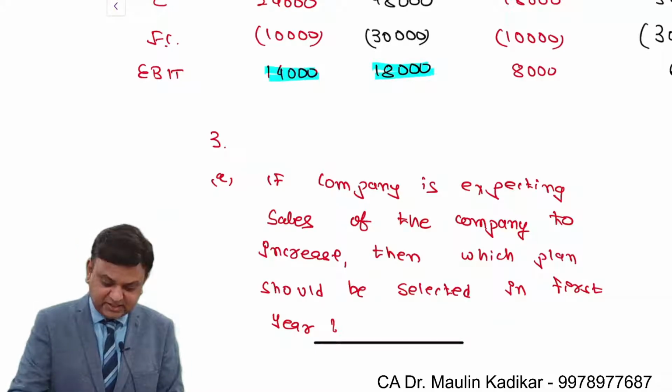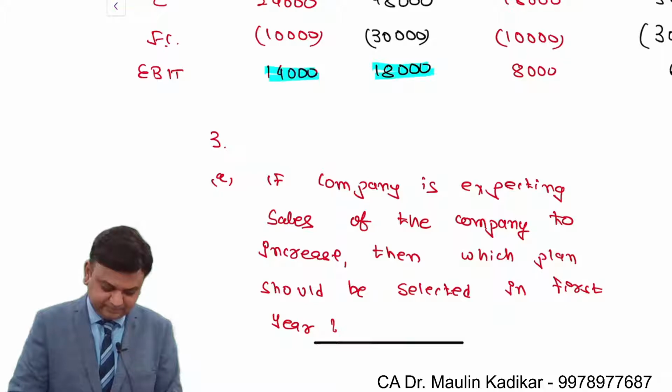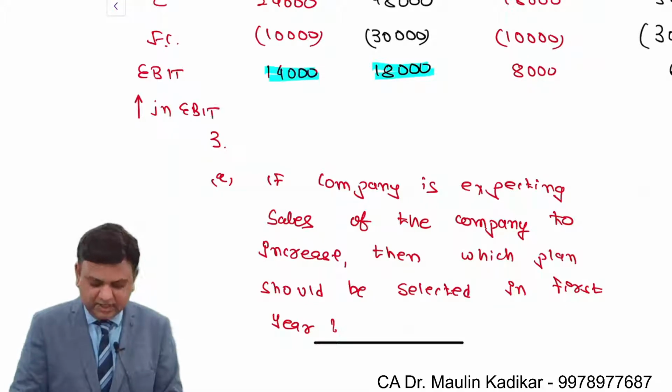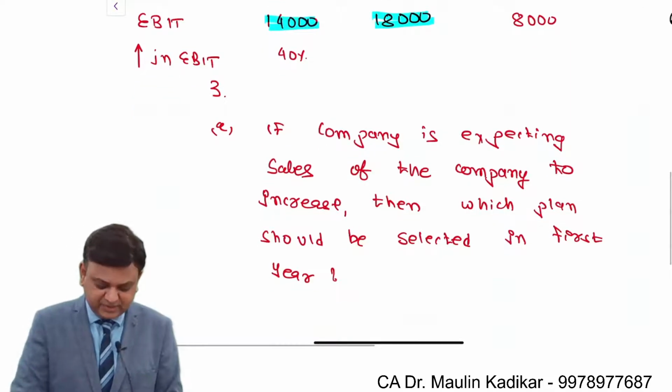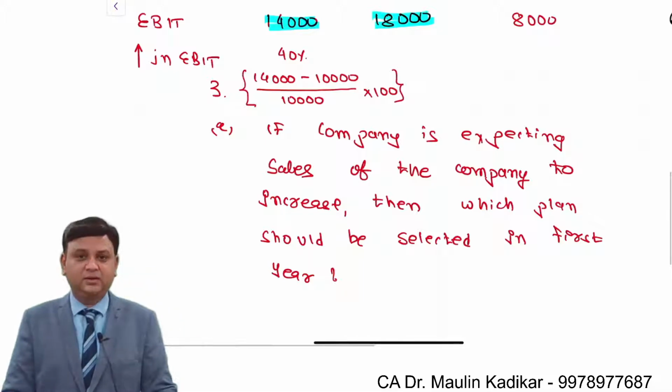We understand that the increase in the profit, that is the increase in the EBIT, in the first case it is 40%. कैसे 40%? 14,000 minus 10,000 upon 10,000 into 100. ऐसा करके 40% होगा.